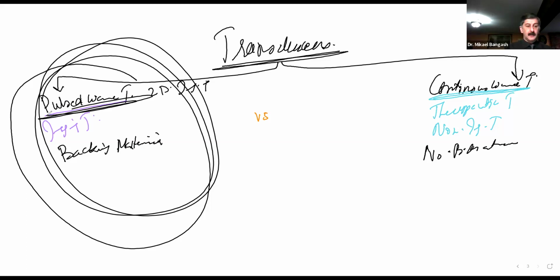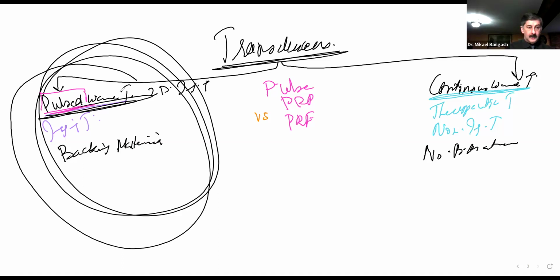And one thing you should remember is, whenever you see the word pulsed or pulsed wave, the next thing that should come to your mind along with pulse is PRP and PRF. But generally, guys, the kind of transducers that we will be talking about in this chapter all are going to be pulsed wave transducers.